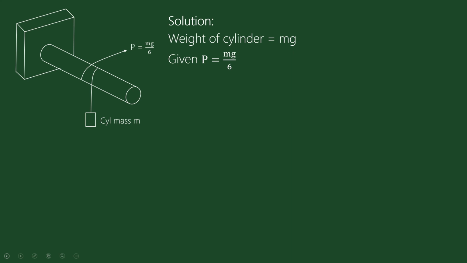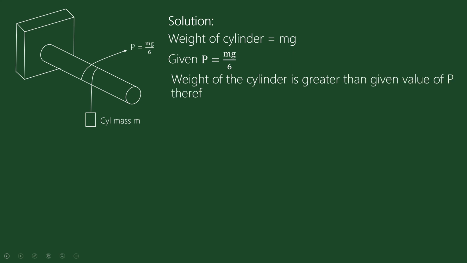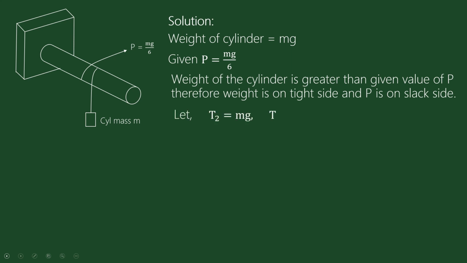The weight of the cylinder is mg and the given value of P is mg upon 6. So, by comparison, it is very clear that the weight of the cylinder is greater than the given value of P, and therefore, we have to consider T2, means tension on the tight side, as mg and tension on the slack side as P, means mg upon 6.